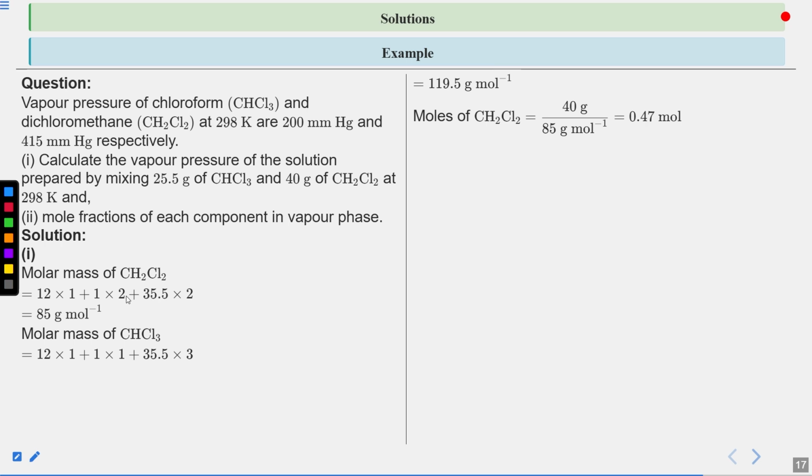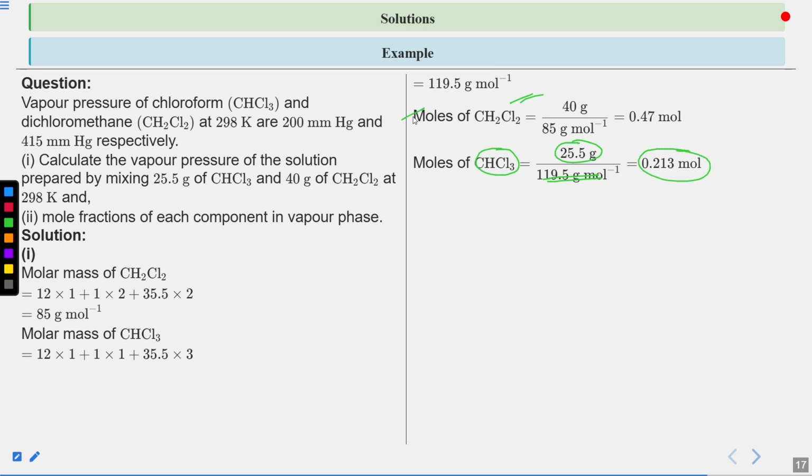Now coming back to the moles of CH2Cl2, it will be calculated as given mass 40 gram by molar mass 85 gram, which equals 0.47 moles. Similarly, the moles of chloroform can be calculated using the given mass by molar mass, which we have calculated here. This will equal 0.213 moles.